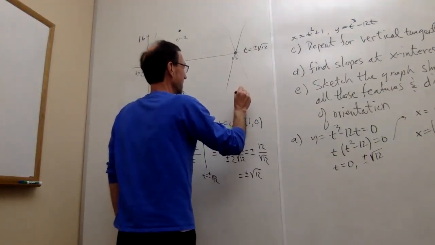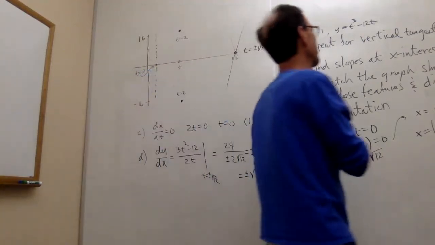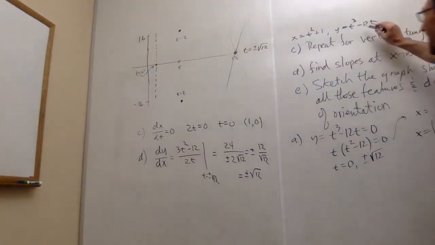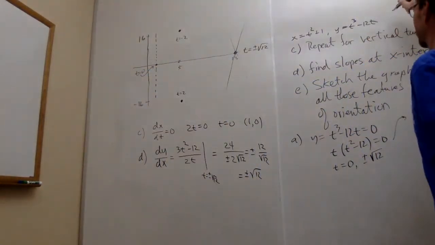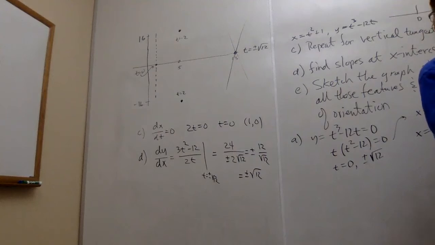Curve is going to be coming up. We could do an analysis of the sign of y. Let's do it just because we haven't done these sort of things for a while. Y is going to change sign at the square root of 12 and the negative square root of 12. And it's going to go positive, negative, positive, negative.